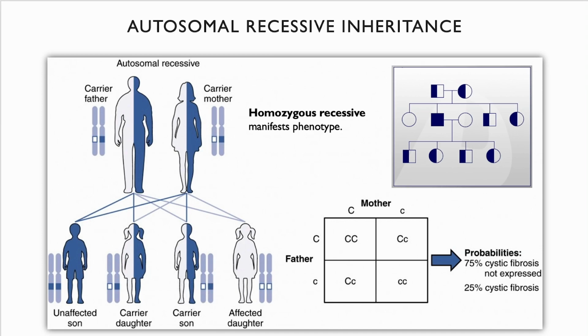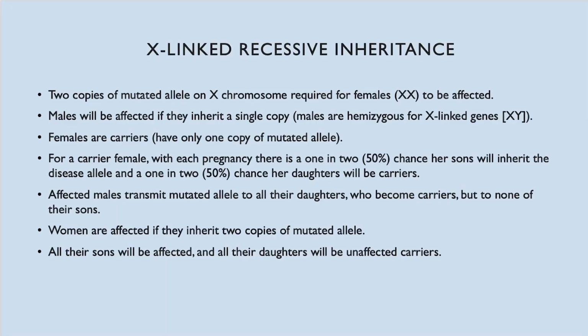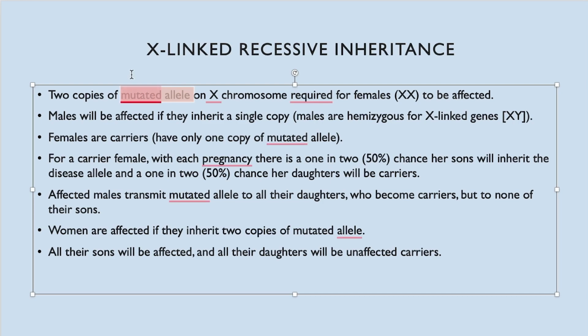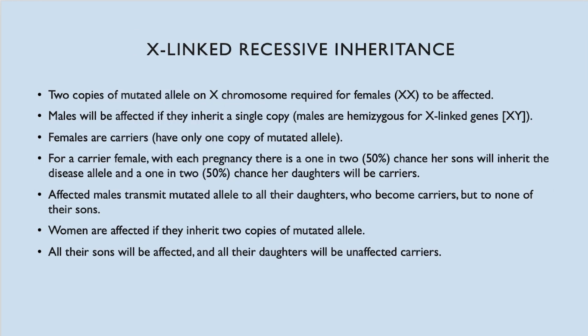The next inheritance pattern is X-linked recessive. In this case, it's a recessive disease, so the person needs to inherit 2 copies of the mutated allele. But now this is a condition that is not affecting the autosomes. It affects the X chromosome.